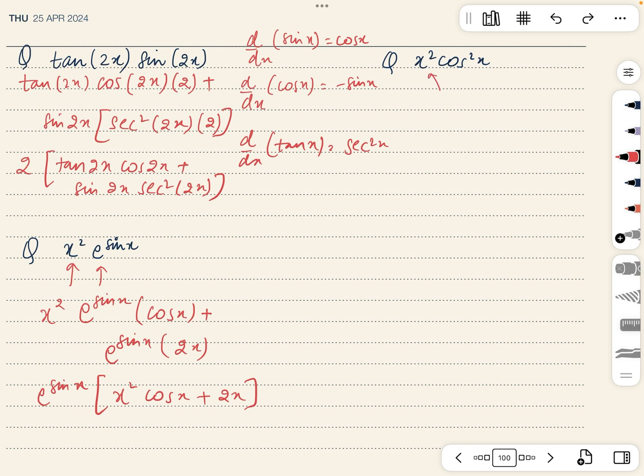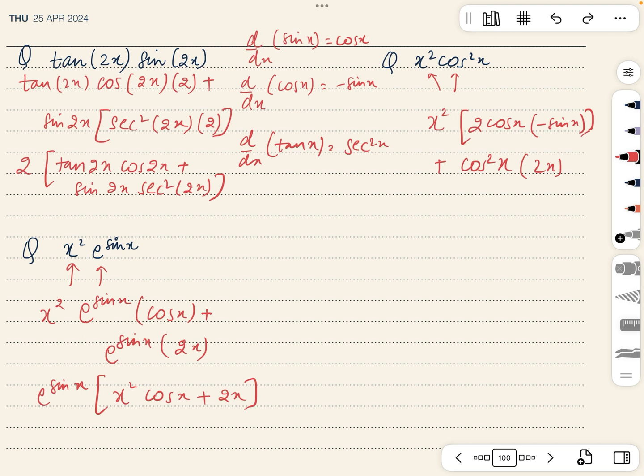Differentiation of x square cos square x. So keep x square as it is. Differentiation of cos square x will be 2 cos x, and differentiation of cos x is minus sine x. Chain rule applied again. Plus cos square x as it is. Differentiation of x square is 2x.